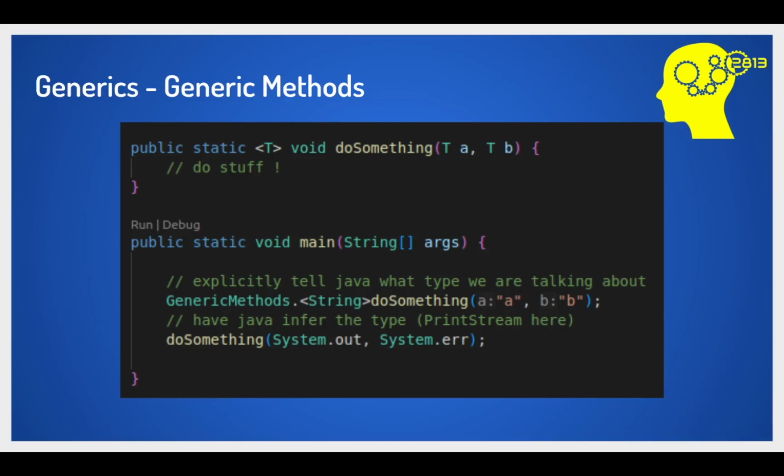And then this is basically replaced here for A and B, which means that whatever T is, which in this case is String, is the same type for both A and B. So for example, we can call generic methods, put the type of String, and do something with A and B. Or usually Java can just infer the generic arguments, and you can omit that and just put in arguments. And Java will complain if it can't find out what the generic arguments are.